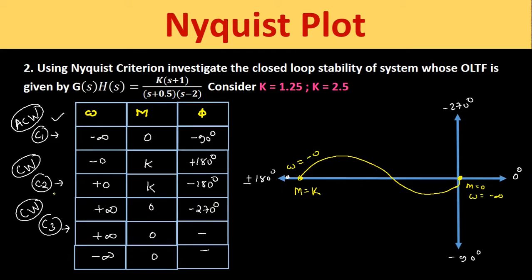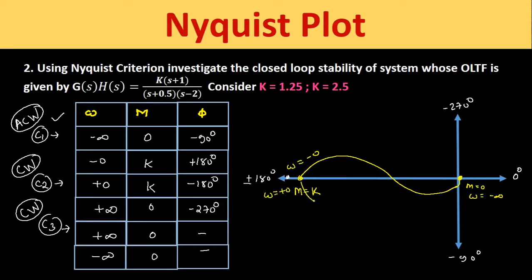Now we will take C2 section. For C2 section, at omega is equal to plus 0, magnitude is equal to k and the phase angle is minus 180 degree. So to catch up with this minus 180 degree, we have to move in the downward direction like this. So this is the value of magnitude is equal to k at omega is equal to plus 0.